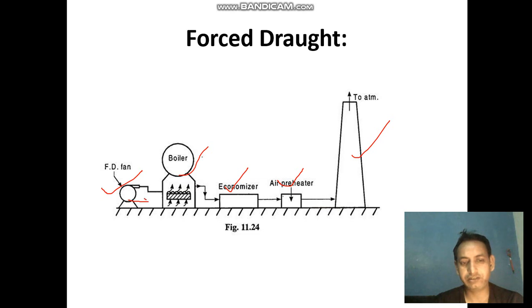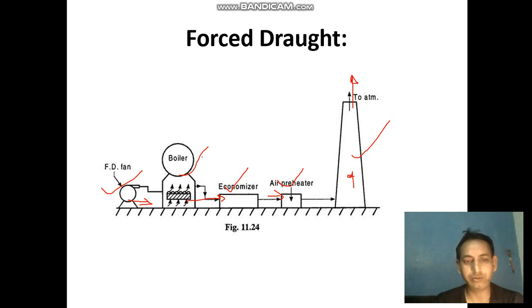The forced draught fan sends the air into the boiler house or inside the furnace. Then the flue gases go to the economizer, then to the air preheater, then to the chimney. Ultimately it comes out to the atmosphere at a certain height.